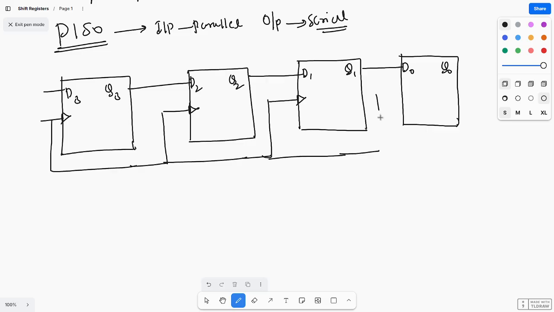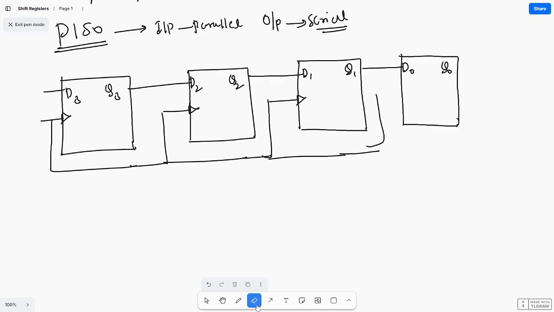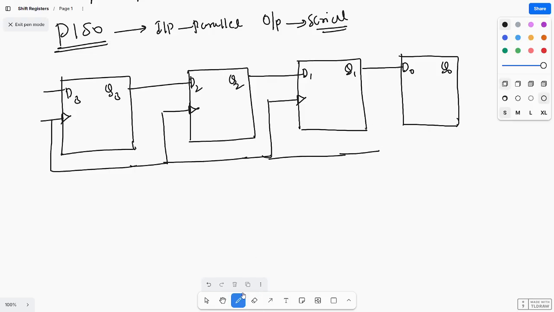When you give the asynchronous reset, when it is 0, it will be in reset mode, and when it is 1, that is functional mode. That is given to the clear signal of this shift register.